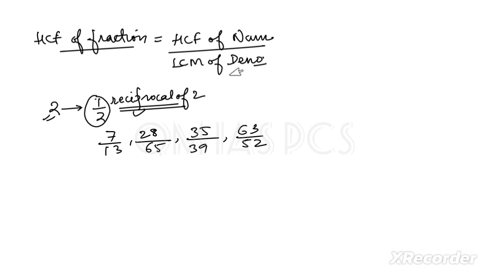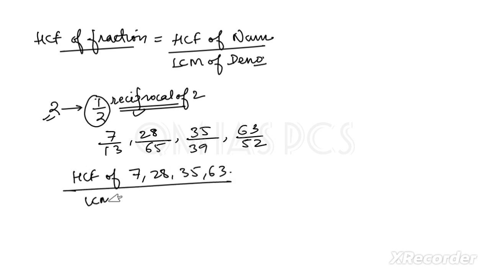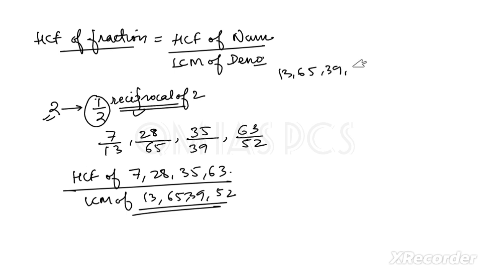What we have to find is HCF of 7, 28, 35 and 63 divided by LCM of 13, 65, 39 and 52. So again we have to do the prime factorization of these numbers. Let's do it here: 13, 65, 39 and 52.